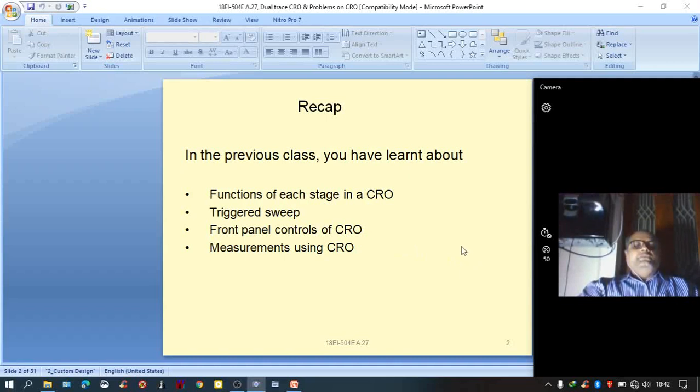Then that sharp and highly accelerated electron beam is made to pass through a set of vertical deflection plates followed by a set of horizontal deflection plates, and the electron beam is made to move both in vertical and horizontal directions, and it hits the surface of the CRT screen with very high velocities or with very high kinetic energy.